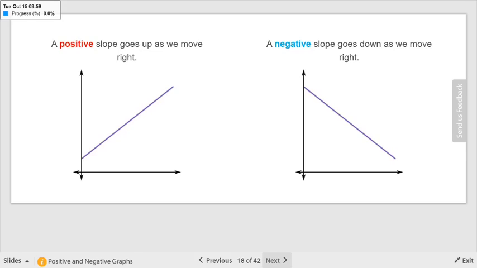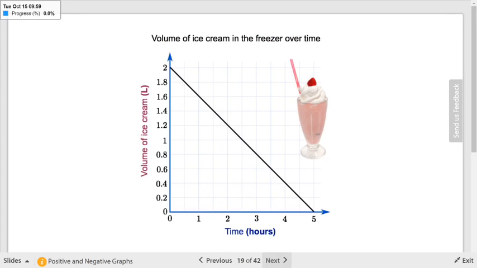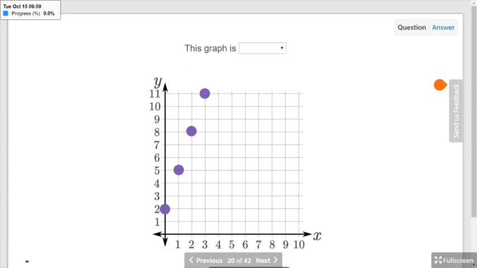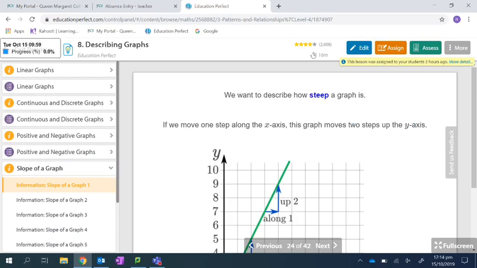You read them like you do in a book. And then a negative slope goes down. So, is this a positive or a negative slope? Negative, which means that the amount of what you have is decreasing over time. Right? This is that ice cream graph. We don't like it when the ice cream goes away, but oh well.